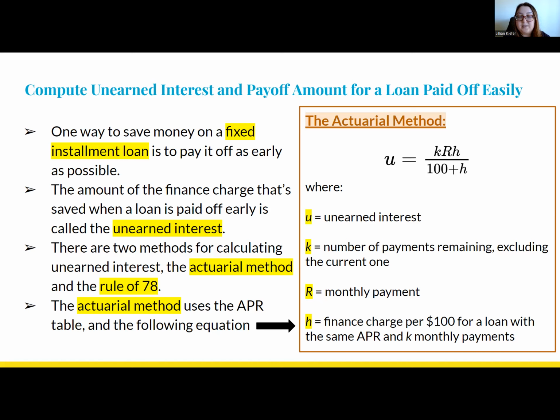So there are two methods for actually calculating this unearned interest. It's called the actuarial method and the rule of 78. The actuarial method uses the APR table and the following equation.